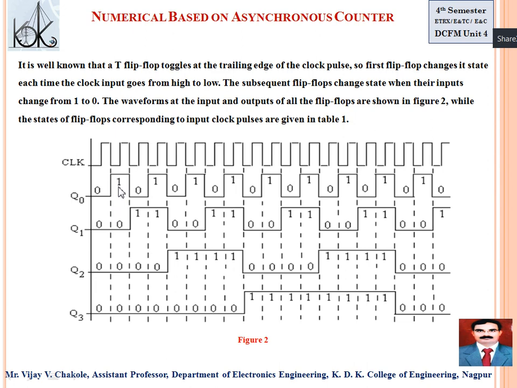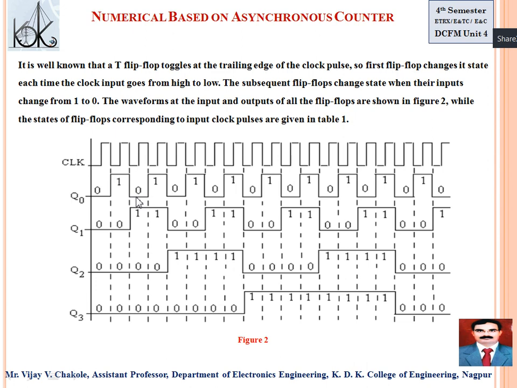You are providing a positive edge here, that's why there is no change in this flip-flop, this also no change, and this also no change. So your output is 0001. You are at the first position with 1 clock pulse. For moving from 0 to 1, you require 1 clock pulse. Now my next output is 0001. When the second negative edge comes, Q0 toggles from 1 to 0.